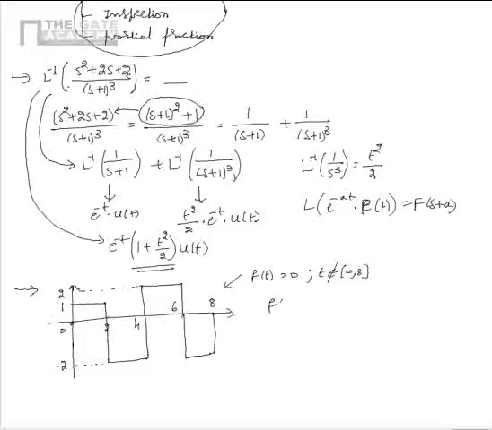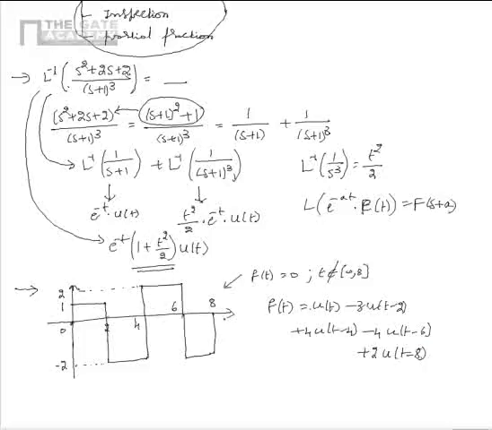From this we can write that f of t is equal to u of t minus 3 into u of t minus 2 plus 4 into u of t minus 4 minus 4 into u of t minus 6 plus 2 into u of t minus 8.